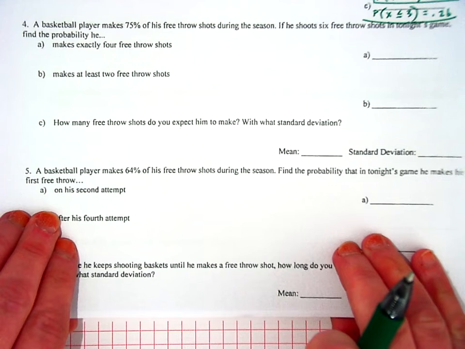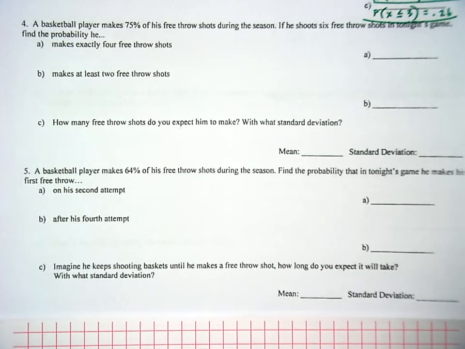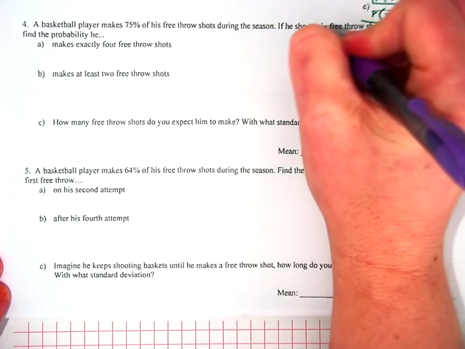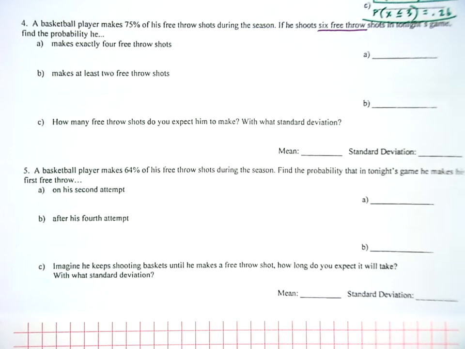Okay, a little practice with binomial and geometric distributions. So first up, we have a basketball player who makes 75% of his free throw shots during the season. If he shoots 6 free throw shots in tonight's game, find the probability that he makes exactly 4 free throw shots.